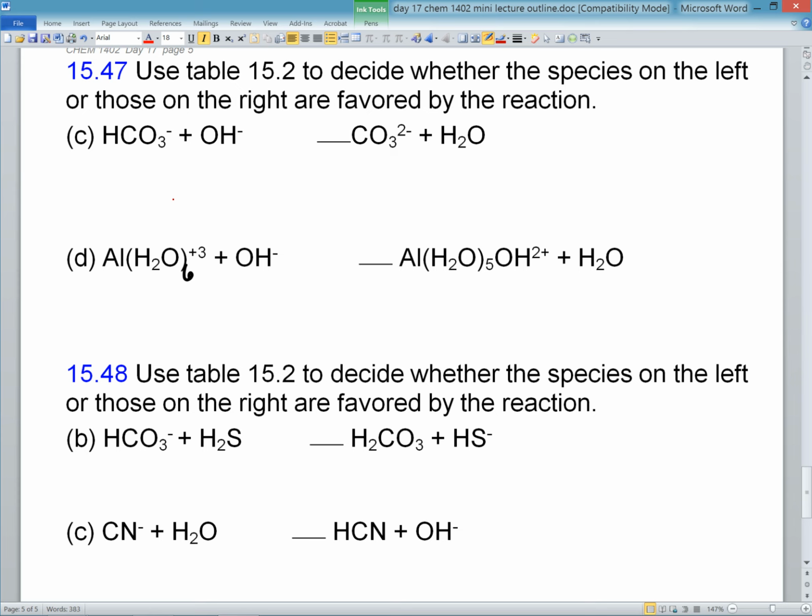Okay, so on this first one, number 47, what we're going to do here is decide whether the species on the left or those on the right are favored by the reaction. So you're just drawing the arrow. You have to identify in there the two acids and draw the arrow of the reaction towards which acid? Towards the weaker one.